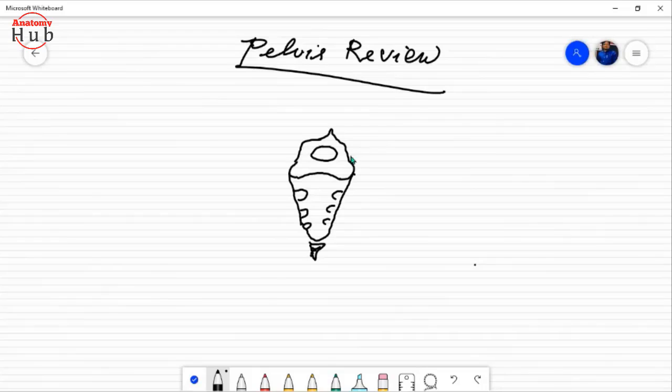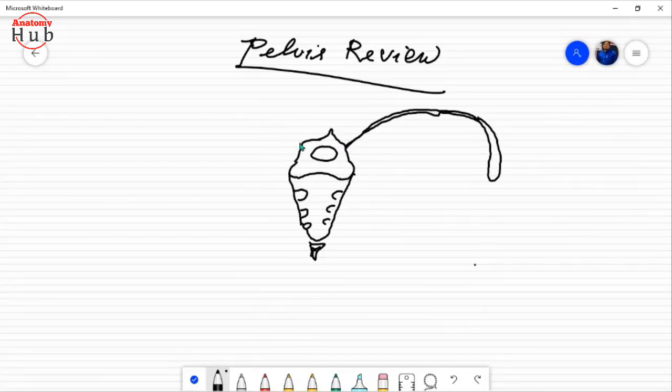And as you know, from this region you will find the ilium articulation, right? So this is your iliac crest over here. This iliac crest makes the ASIS, anterior superior iliac spine, and the iliac tubercle over here, and that articulates with the sacrum.